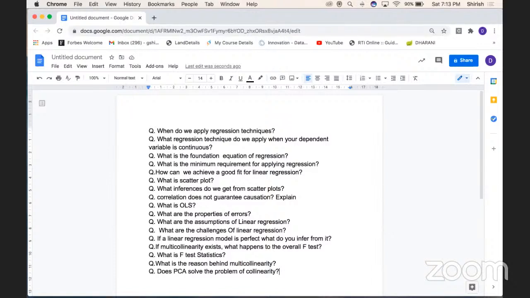Suppose you have to remove highly correlated predictors. How can you do that? Yeah, exactly. Dimensionality reduction is a solution for this collinearity problem. Very good. But how do you remove these highly correlated predictors?